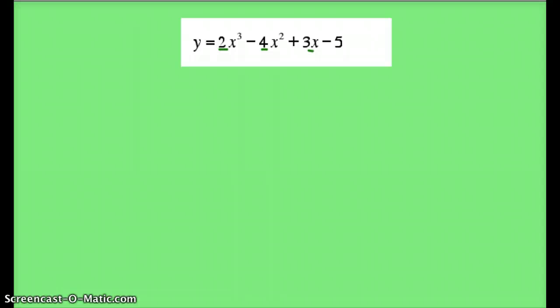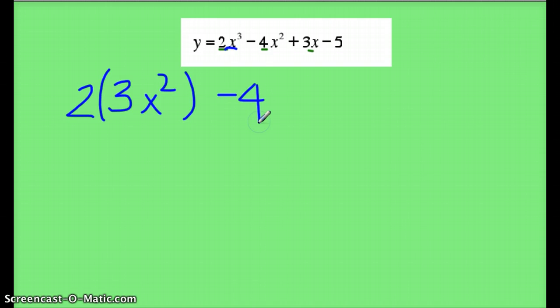The derivative of this piece right here is 3x squared. So I'm going to continue. The derivative of x squared is 2x, plus 3 times x to the 1 minus 1.